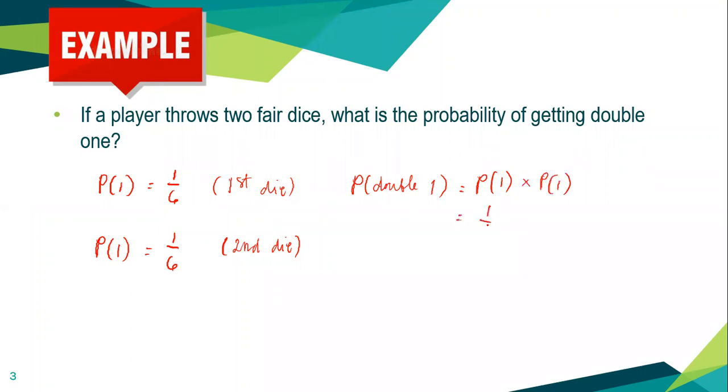That is 1 over 6 times 1 over 6. And that is equal to 1 over 36. As simple as that. So you have 1 over 36 as your final answer.